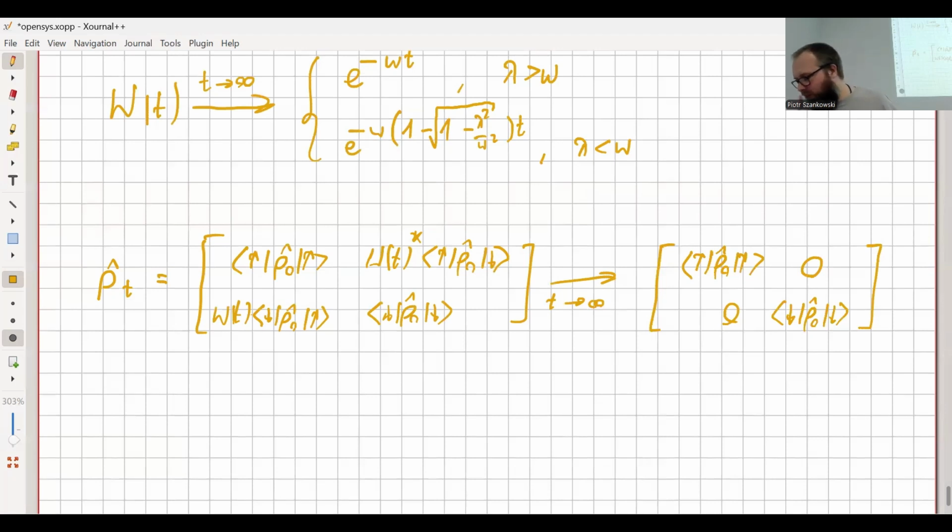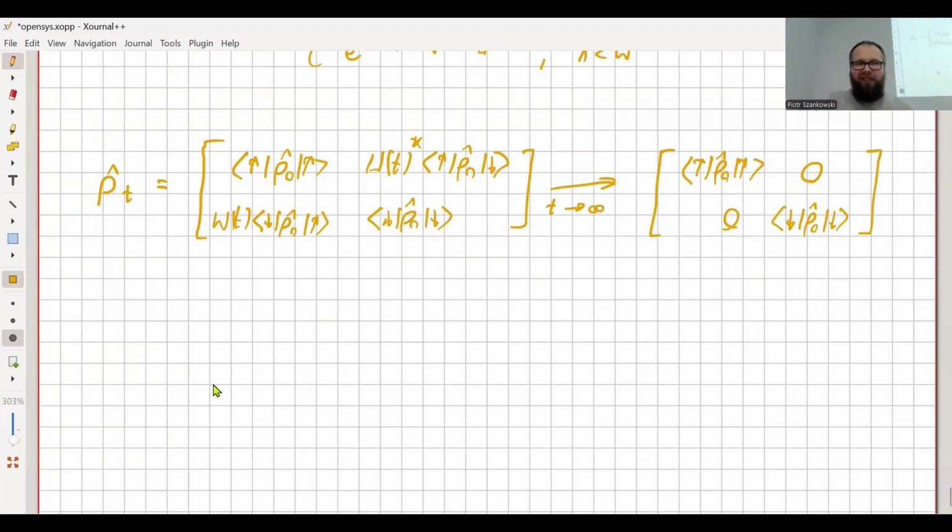Just one more note here. This means that the coupling of this qubit to the random telegraph noise erodes the off-diagonal elements of the density matrix over time.